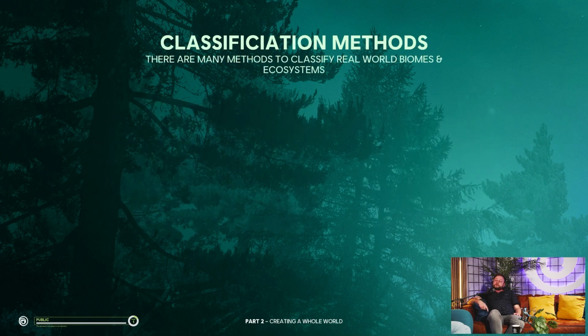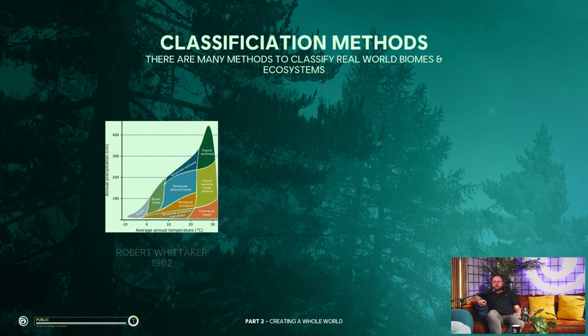But there is also a different, slightly more complex method. In this case, we would like to calculate the biome distribution. And to do that, we need to pick a classification method. There are a couple of well-known ones representing the real world. The first one is from Robert Whittaker, and it's the most famous one, where you get the basic biomes like the jungle and the temperate region.